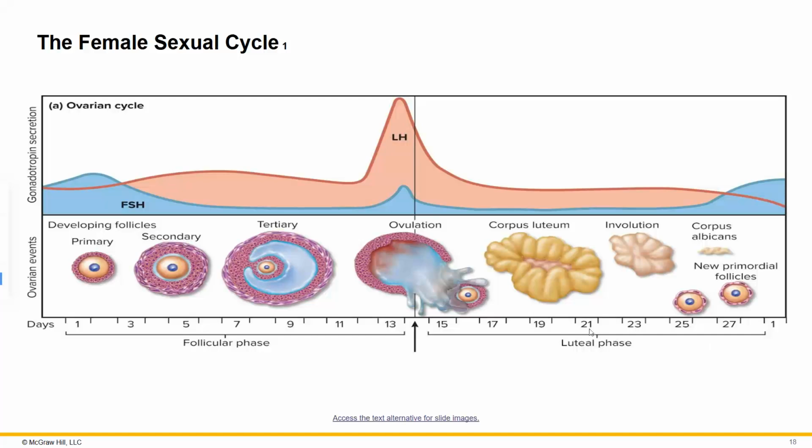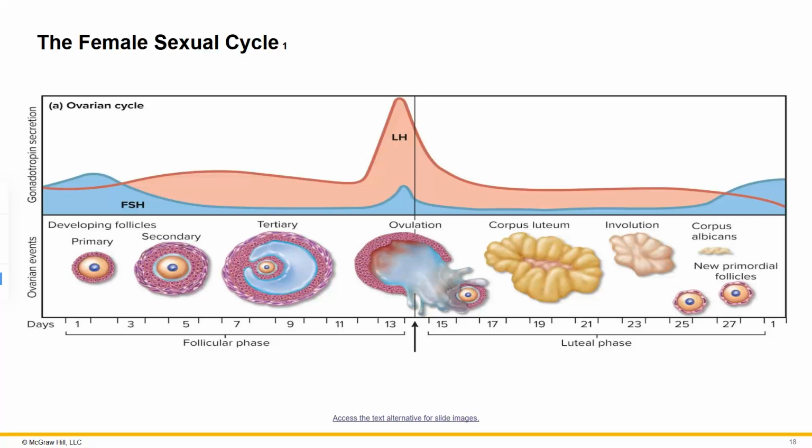So this is a really good diagram that I love because instead of just reading a bunch of steps, now you can see what's actually going on. So you have this primary follicle which is going to be stimulated to develop into a secondary follicle. Now, follicle stimulating hormone is initially released to stimulate all of these follicles to start to mature or develop further.